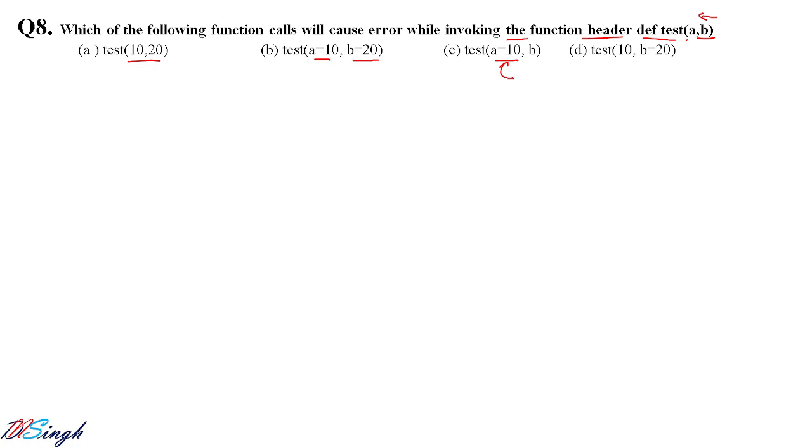So first b should have the default value and then a. There you are providing a value, this becomes the positional parameter and that becomes the keyword argument, no issue in that. That is going to create an error because here you are not specifying a value for b, but you do not have a default value for b in the function header. So there is a problem in option C.